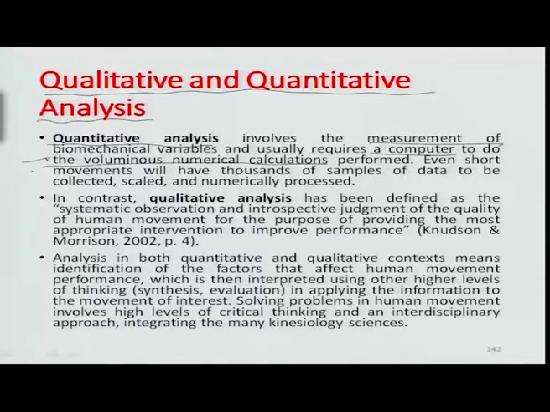So even short movements will have thousands of samples of data to be collected, scaled, and numerically processed before any such tool is developed for predicting motions. In contrast, qualitative analysis becomes a sort of introspective judgment, looking at some motions and trying to categorize those motions into ones which are good or ones which are inappropriate.